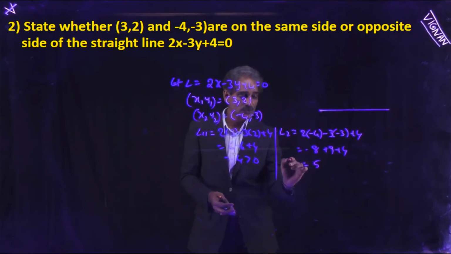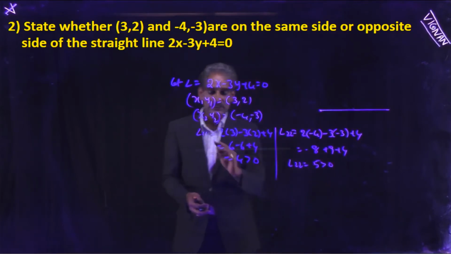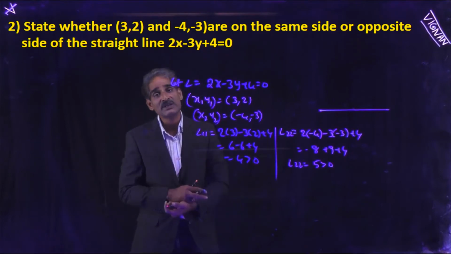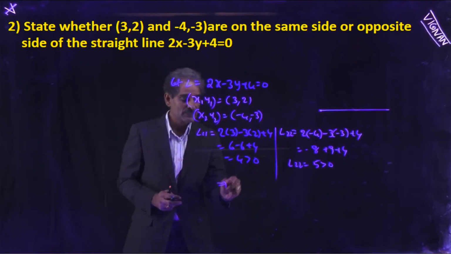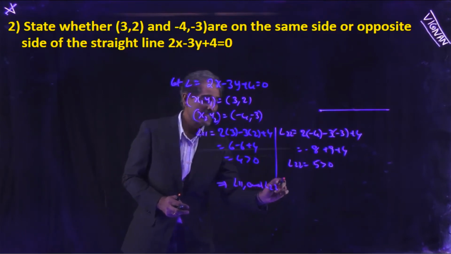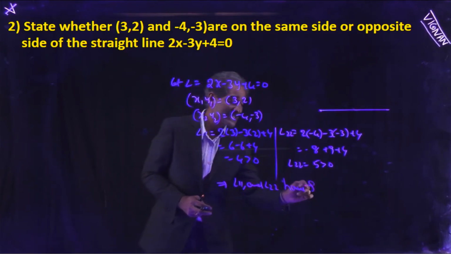So now L22 is positive, L11 is positive. Both have the same sign, that means they lie on the same side. This implies L11 and L22 both have the same sign.